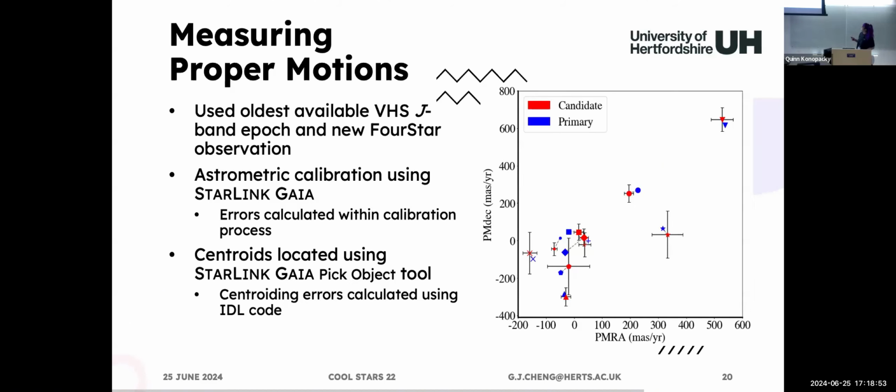Some of our T-dwarf candidates have quite big errors, which is mostly down to the quality of our observations. But all of the proper motions lie within 2 sigma of each other, and we have got some particularly nice, really big proper motions, which are quite interesting.